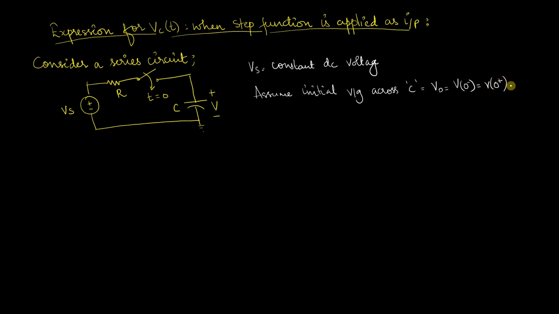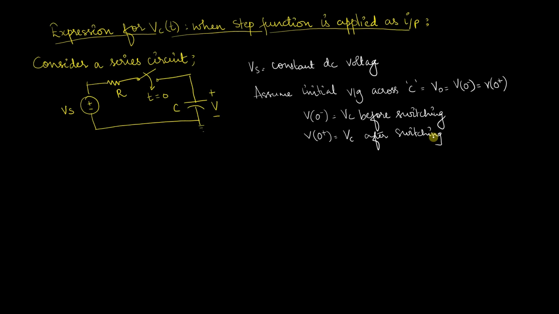We know the concept, right? The voltage across the capacitor does not change instantaneously. So V of 0 minus is the voltage across the capacitor before switching, and V of 0 plus is the voltage across the capacitor after switching.